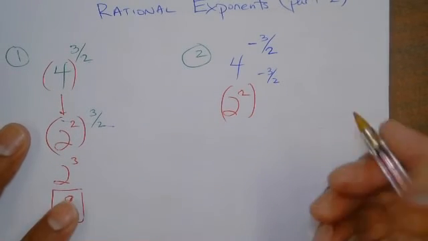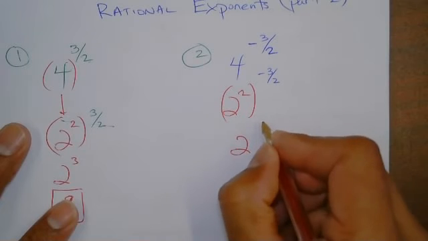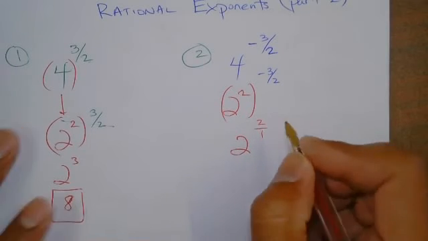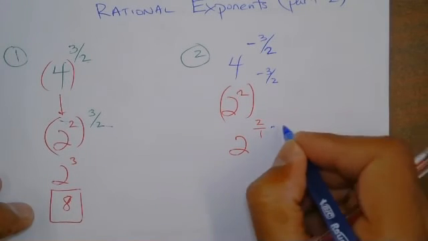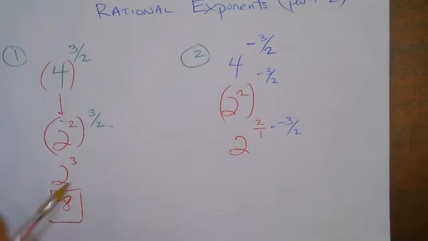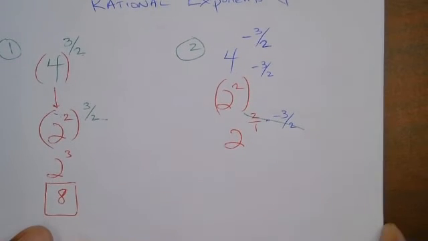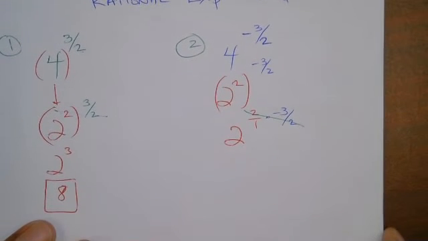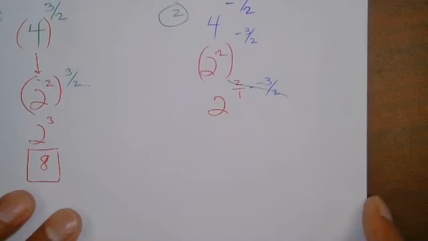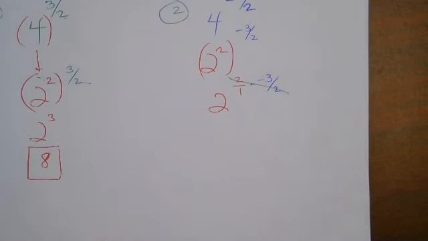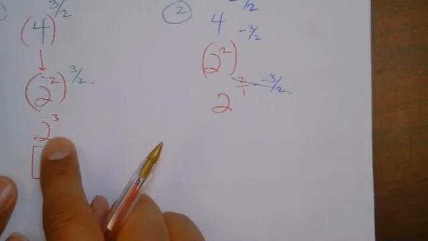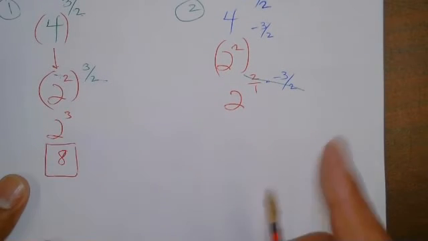So the negative 3/2. Does everybody agree these are going to cancel still like this? You guys see it? And then what? And then see, I told you the negative, you just got to worry about it to the last. Here you got 2 to the power of positive 3.